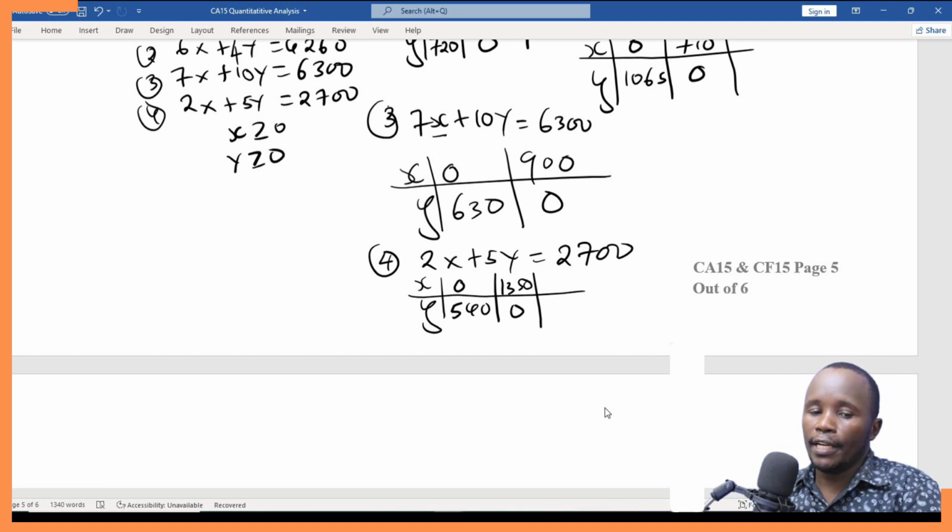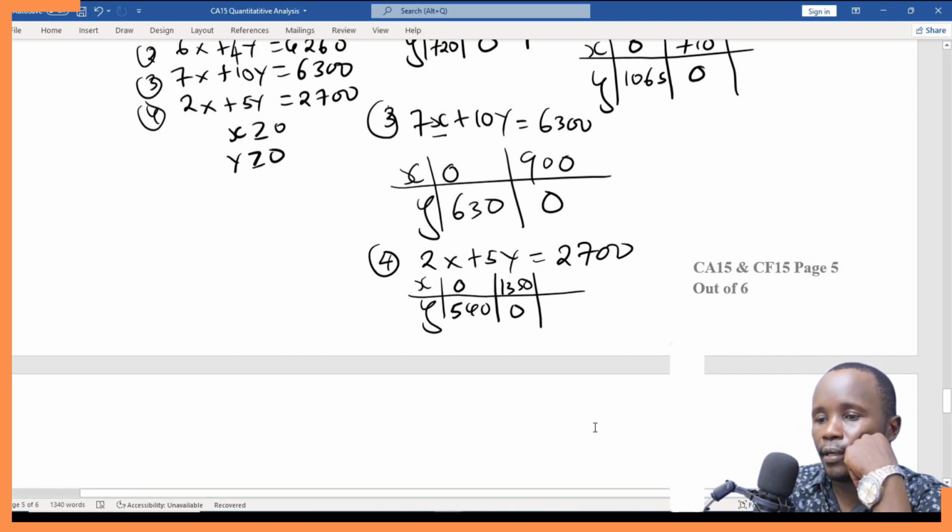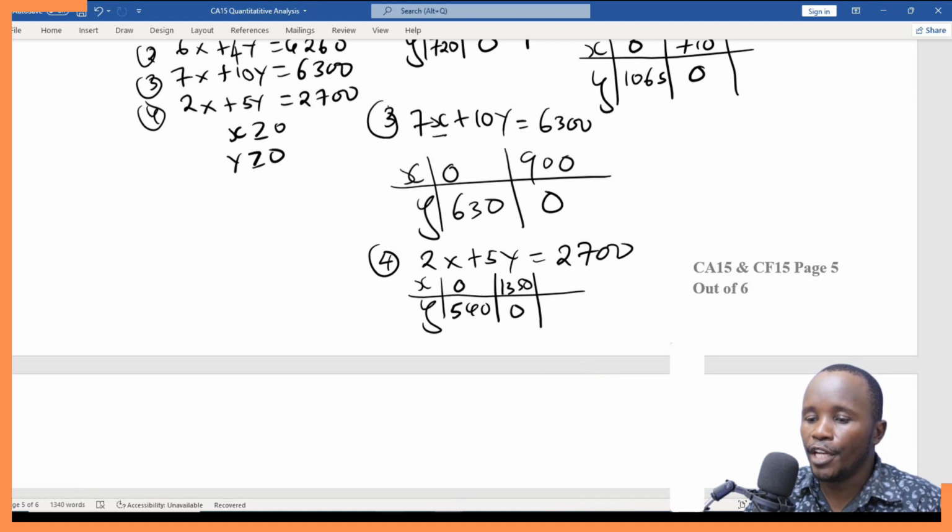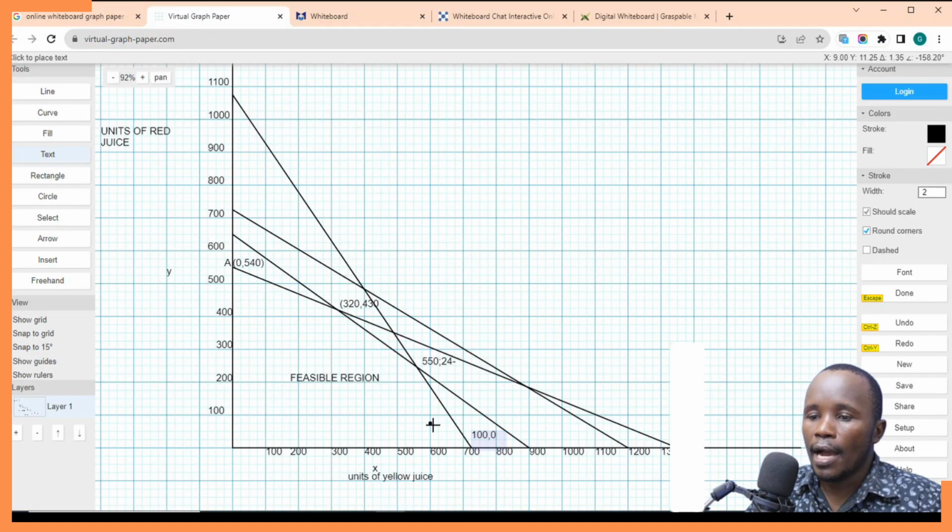Now, having gotten the y and x intercept, the next thing is for you to plot a graph. You therefore need to go to a Cartesian plane and you plot the graph. I've plotted this graph, and remember, having plotted these lines, how did I plot this?